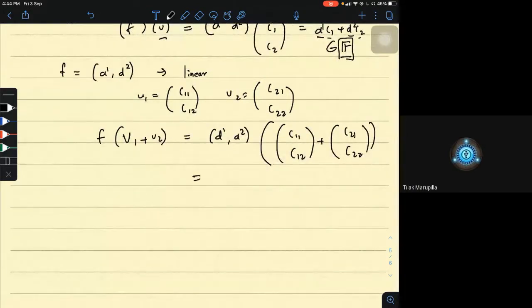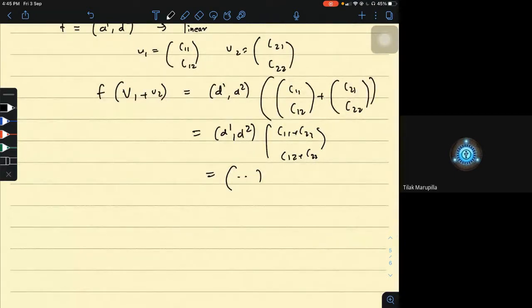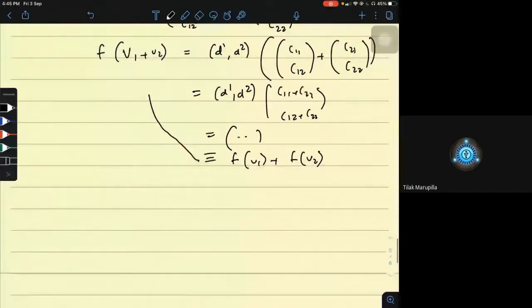Effectively, I can just add these vectors and apply the dual, and I get c11 plus c21, c12 plus c22, and this will give me some scalar. So effectively, this is the same as applying function f on first v1 plus function of v2. So this property where I can apply the function first to the vectors and then add them rather than adding the vectors and applying function is, in a sense, the hallmark of linearity. And this is called a linear map.